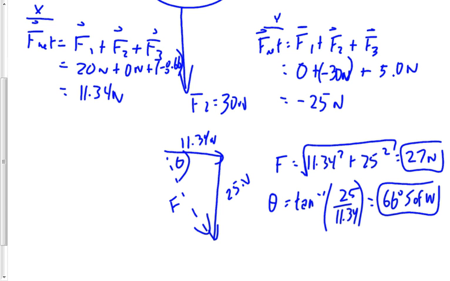So instead of solving for the net force here and the net force here, you would have said m times a and got the acceleration here, and got the acceleration here, and then do your vector diagram with acceleration instead, right? The alternative to that would have been get the net force the way we did, and then simply divide it by the mass and get the acceleration then. Either way works. Does that make sense?